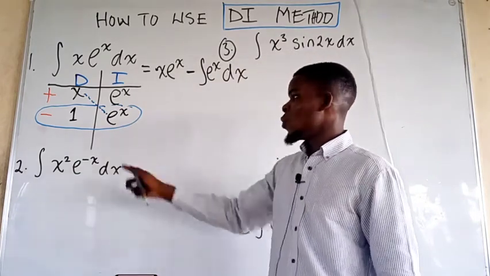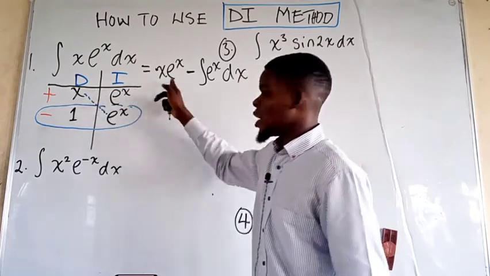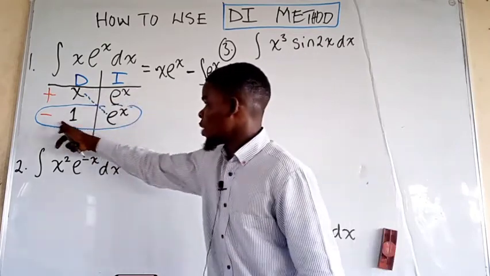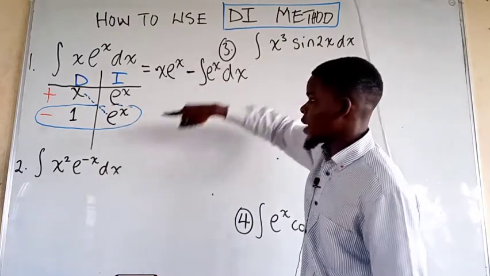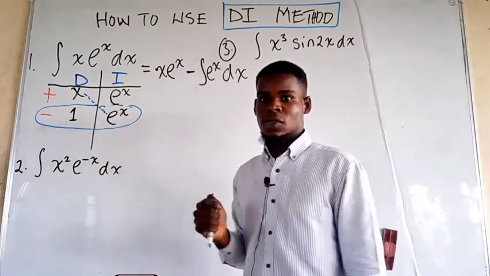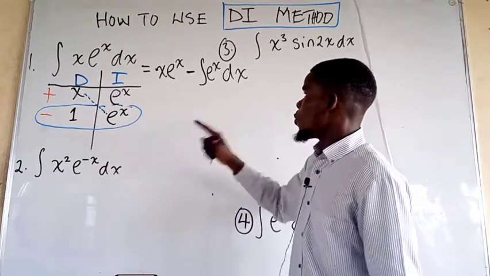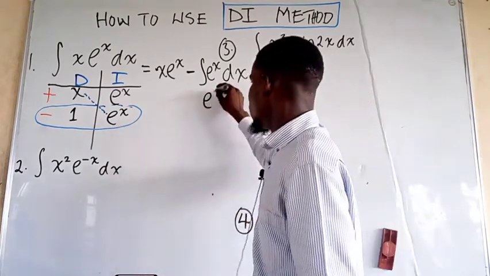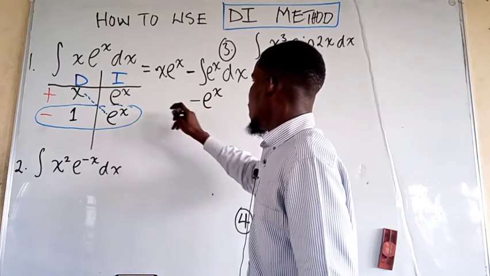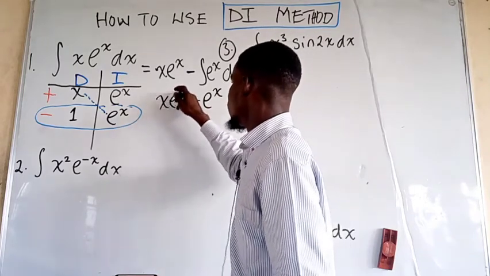So from this table, we multiply the diagonals, we put it down, and we integrate the product of the last row, which is just the integral of negative e to the power x. When you multiply with 1, that is what you get. Great. So from here, we can just integrate e to the power of x, and as we know, it is just e to the power of x, and we put down this one.